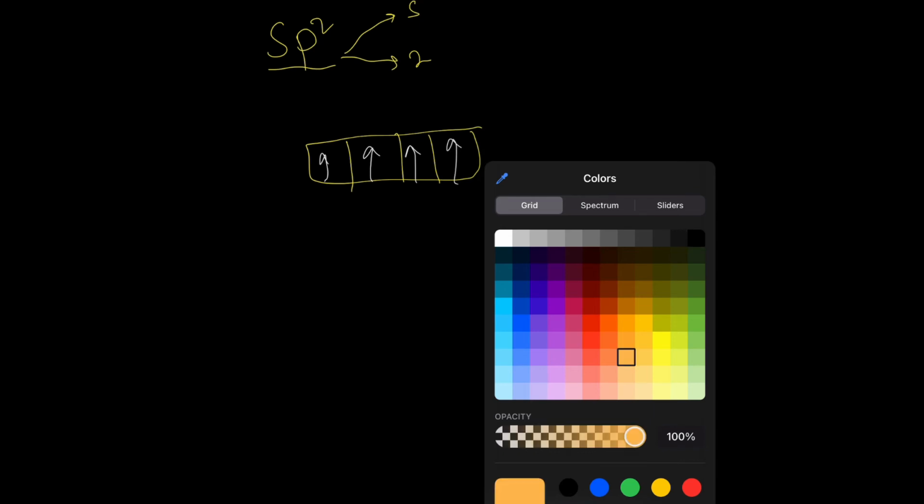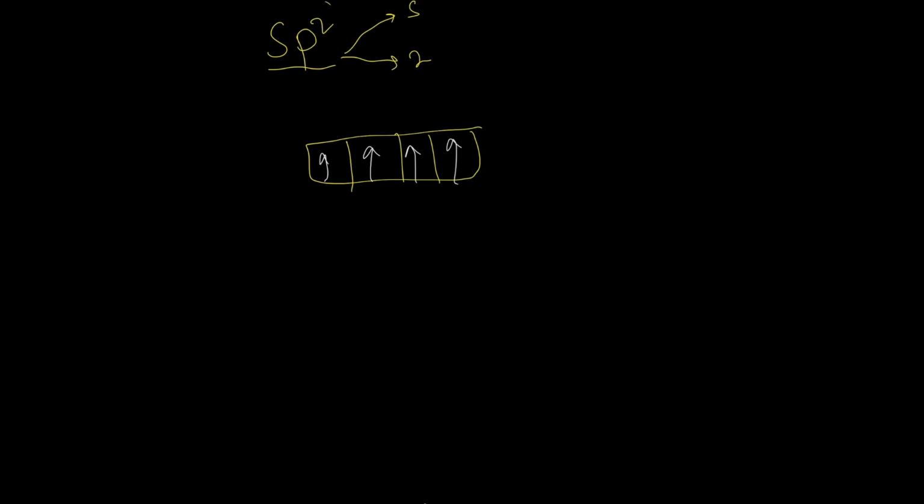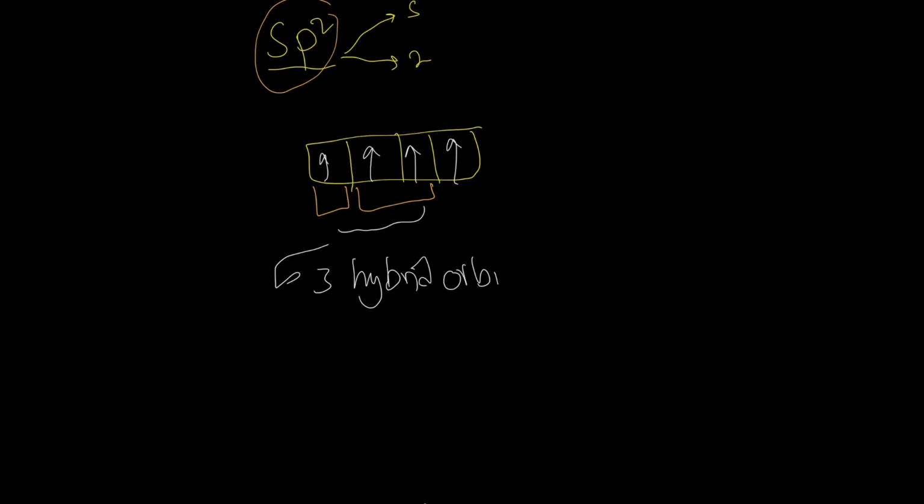But it says sp2, which means we are dealing with 1 s and 2 p's. In other words, we have 3 hybrid orbitals, and 3 hybrid orbitals means 3 sigma bonds.